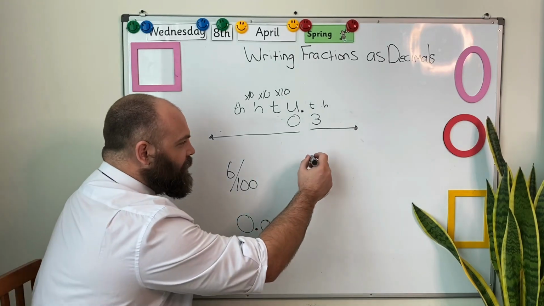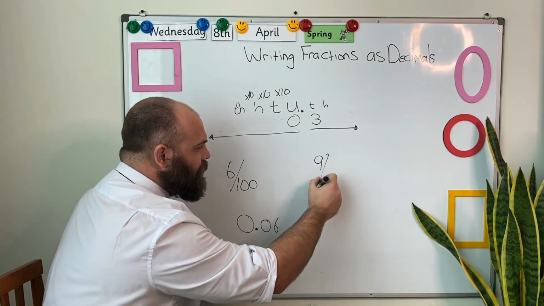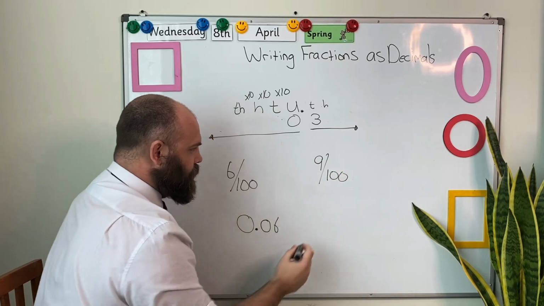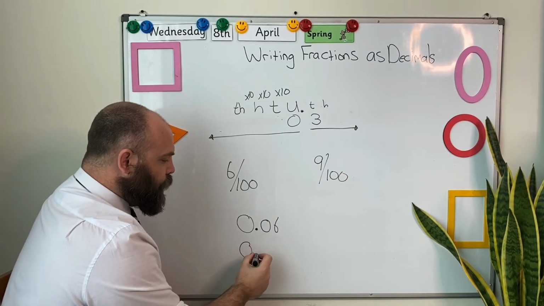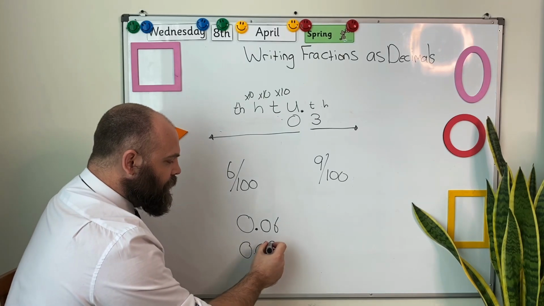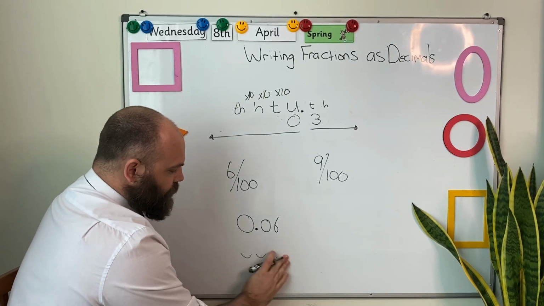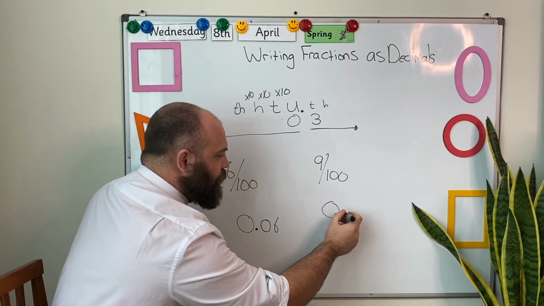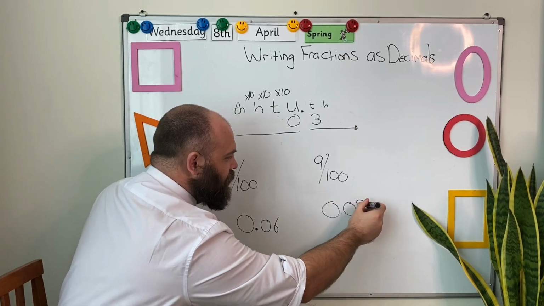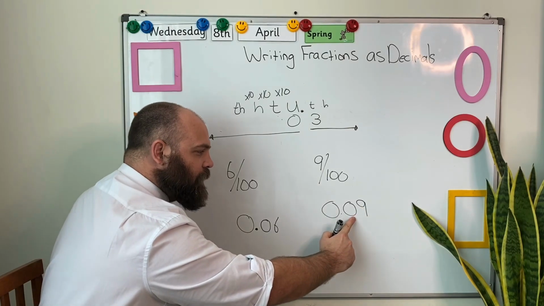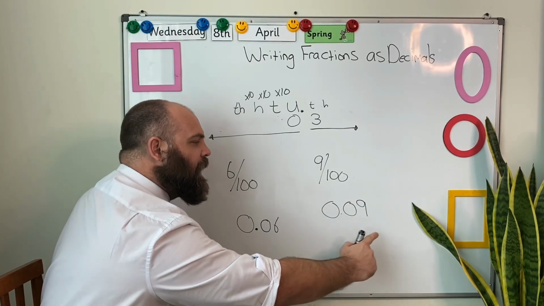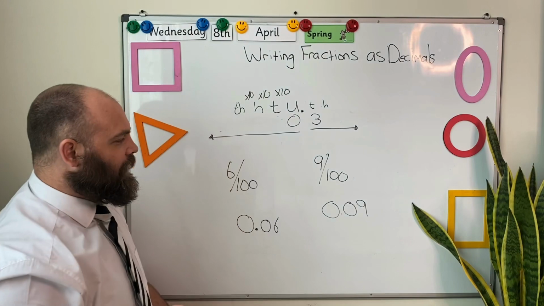If I had 9 hundredths, I would write that as a decimal as 0.09, or we should actually probably write that underneath. 0.09. I have 0 ones, I have 0 tenths, and I have 9 hundredths.